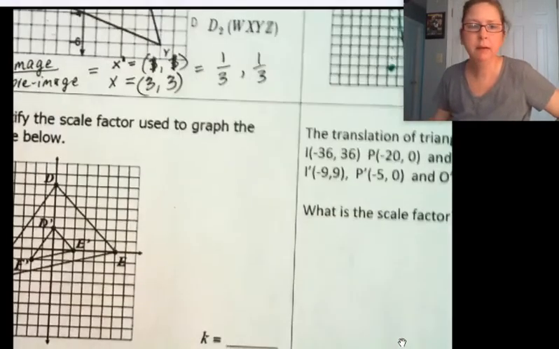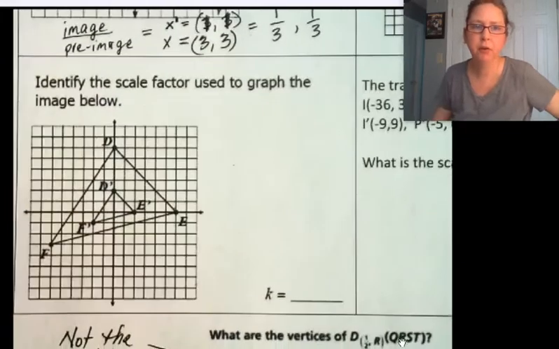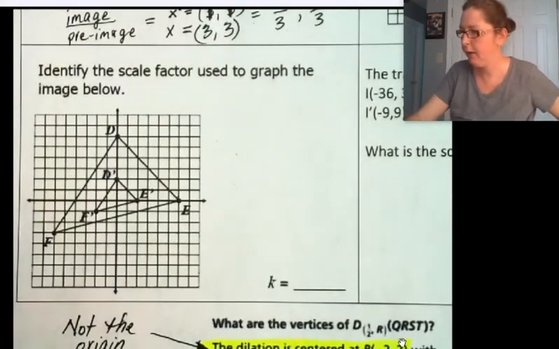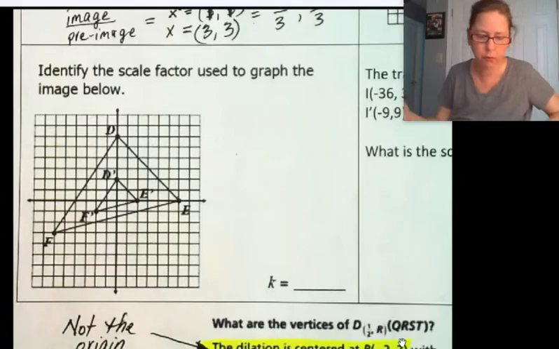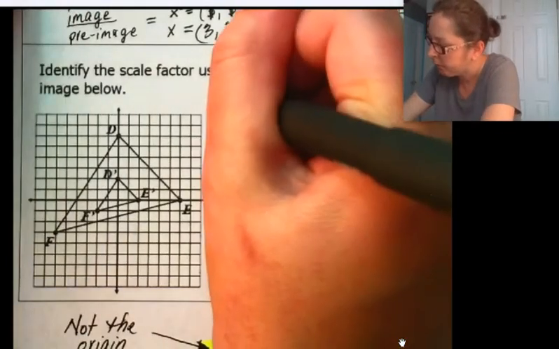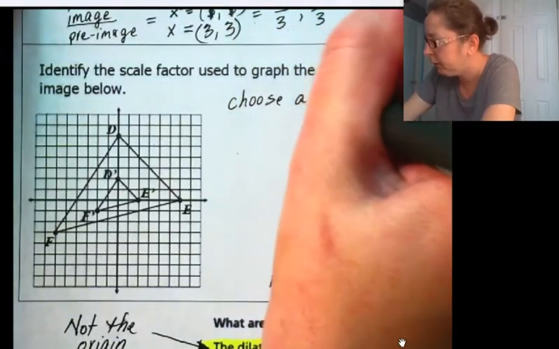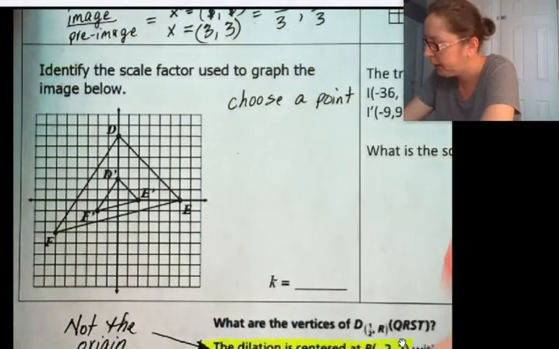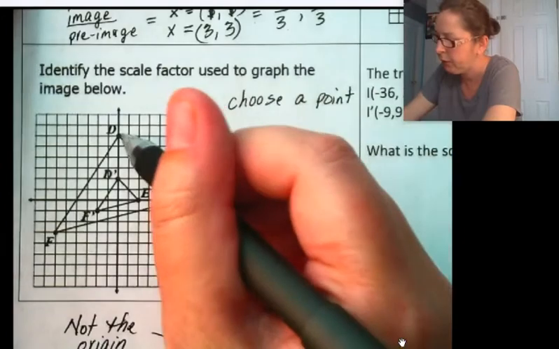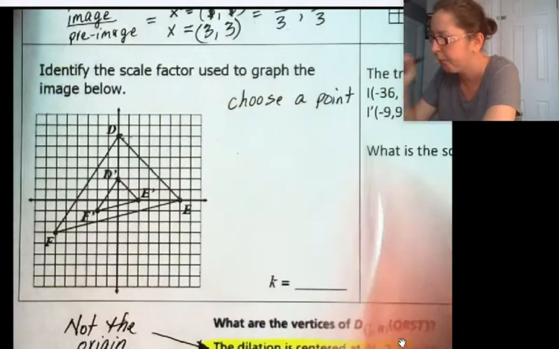All right, let's identify the scale factor for a figure again. This time we don't have multiple choice. So I want you to just remember to choose a point. Choose a point. It doesn't matter what point. I'm going to use D and D prime.